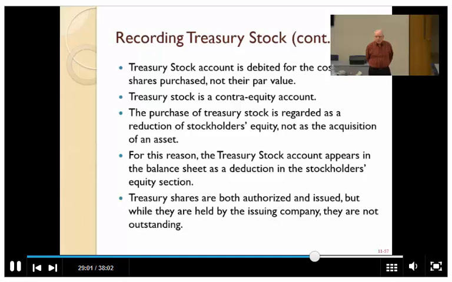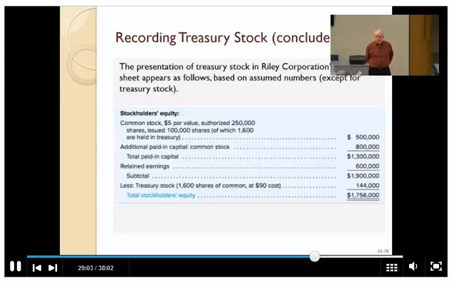If I were presenting the stockholders' equity portion, I would have my paid-in capital at par and the additional paid-in capital, then retained earnings, and then I would subtract the treasury stock to arrive at total stockholders' equity.